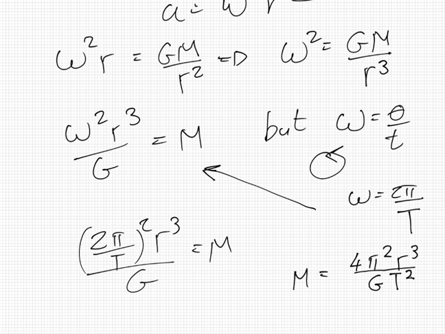Or another example might be, the Earth is billions of meters from the Sun, and the Earth takes 365 days to go around the Sun. What is the mass of the Sun? Part B, yeah. You would need to know how to get to that formula.